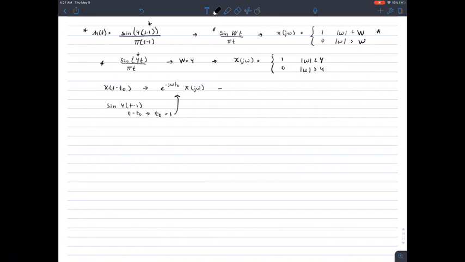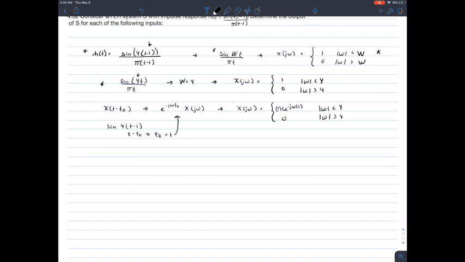Plug that 1 into there, and our new x of j omega is going to be multiplied by e to the negative j omega, okay, which you're just multiplying by 1. So 1 times e negative j omega, this is the 1 in here for the t naught, and 0, and omega less than 4, omega greater than 4.